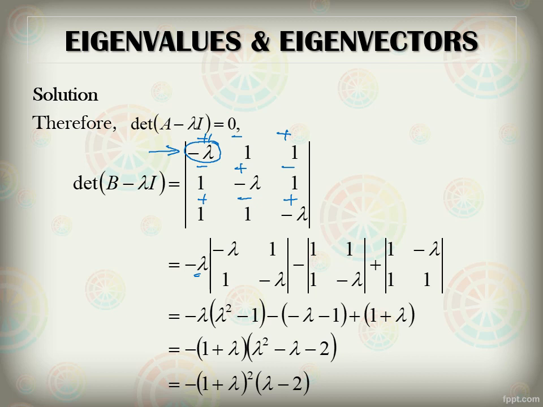Next is negative 1, and the corresponding submatrix is 1, 1, 1, minus lambda. And the third and last one is positive 1, and the corresponding submatrix is 1, negative lambda, 1, 1.